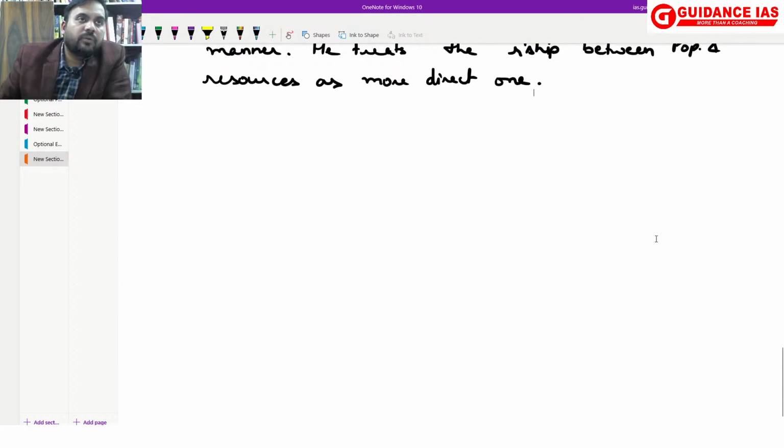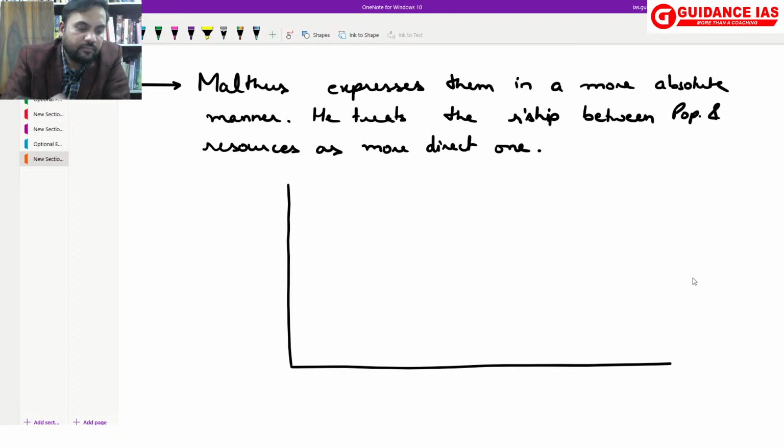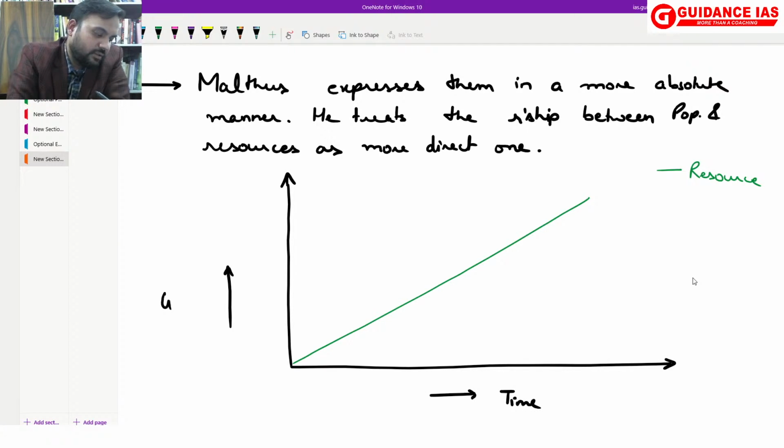And you talk about how direct one. So what basically Malthus says, so this is resource, here is the growth, here is the factor of time, here is growth.